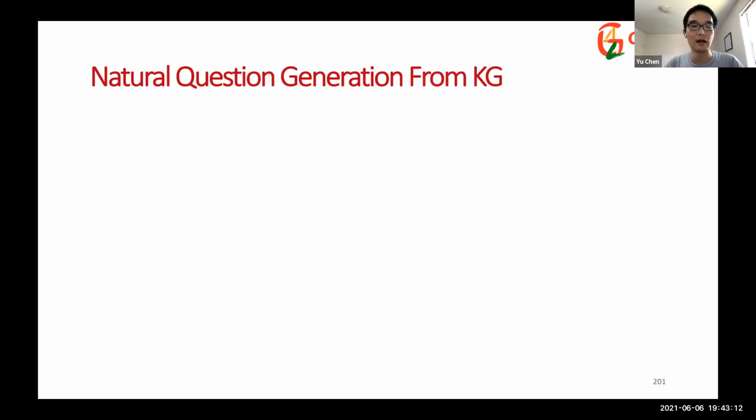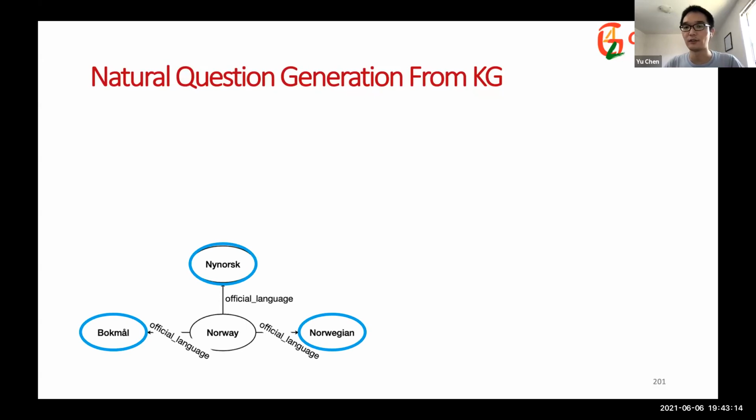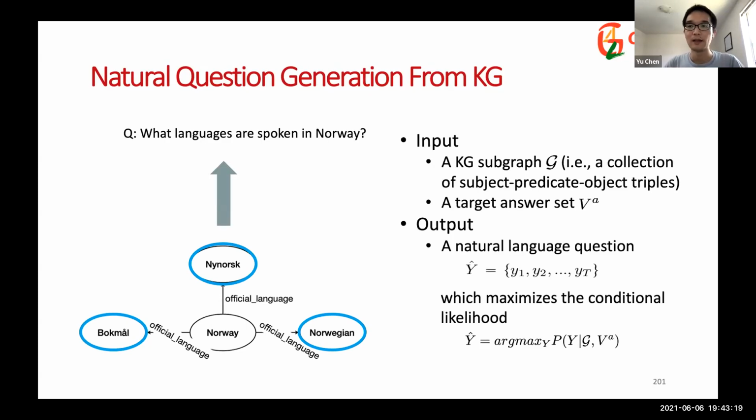So now let's move to another application, which is question generation from KG. The difference is that the input knowledge source of this application is the KG instead of a passage. So we are given a KG subgraph and a target answer. The goal is to generate natural language questions which are relevant to the KG and the answers.